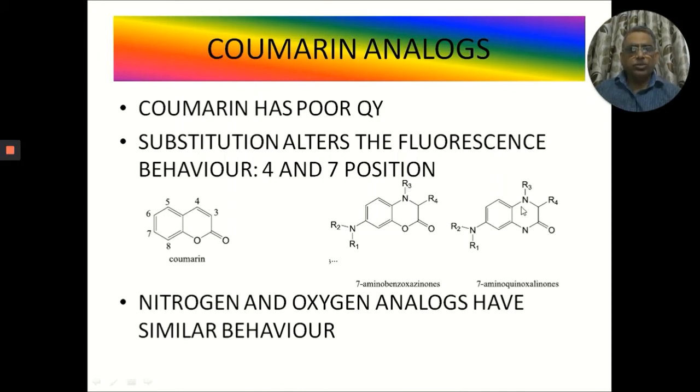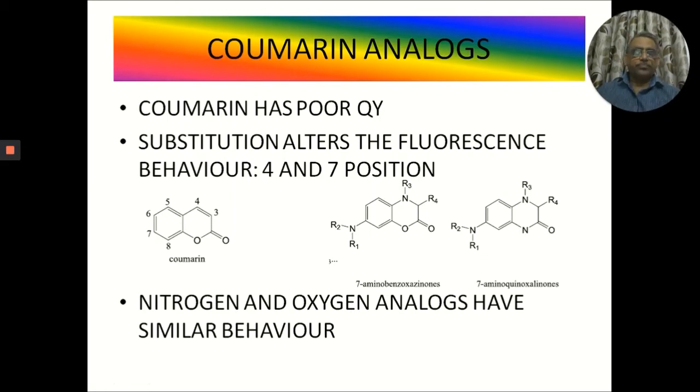Now the 7 and 7 substitution really helps you have higher quantum efficiency. In the coumarin, if you look at it, an oxygen and an additional nitrogen are there. They look quite similar. You have the oxazolines, which have two nitrogen substitutions in the ring system, so they also have the same behavior.